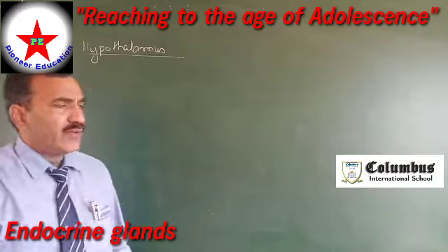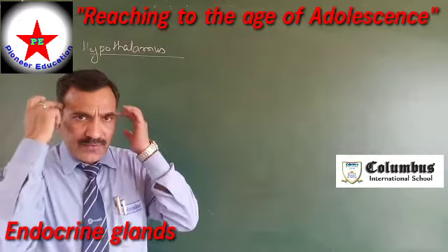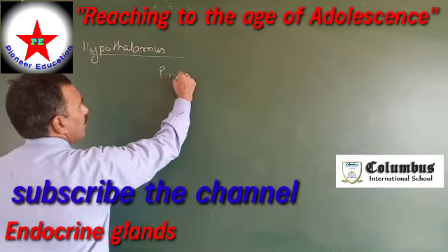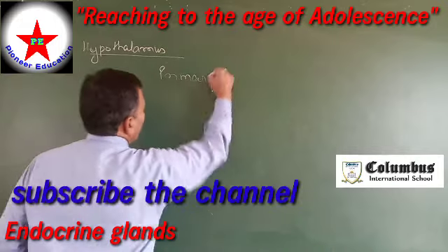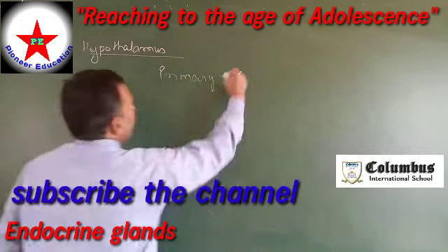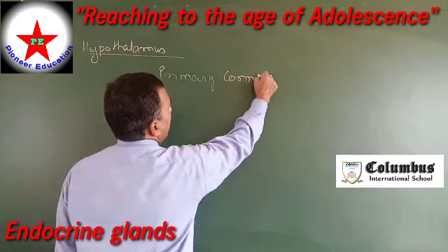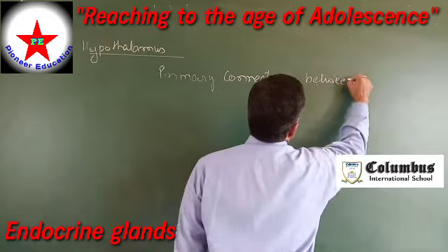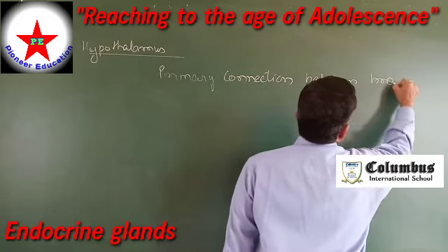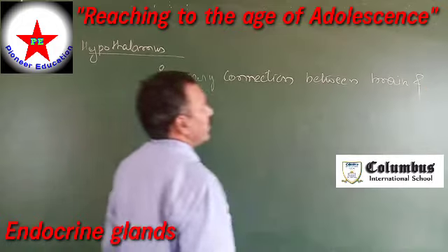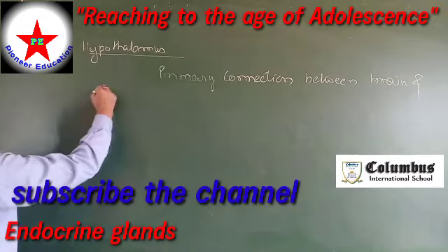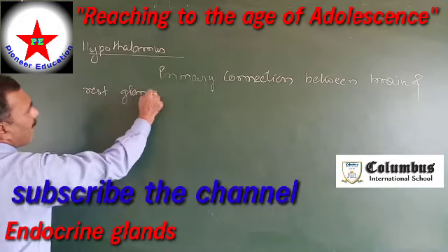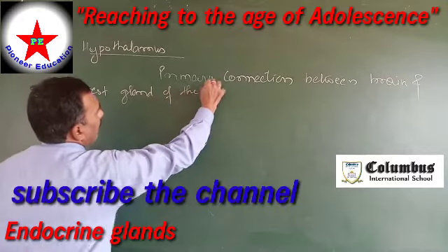Hypothalamus. This is a gland situated in the core part of the brain, and it serves as the primary connection or link between the brain and the rest of the glands of the body.